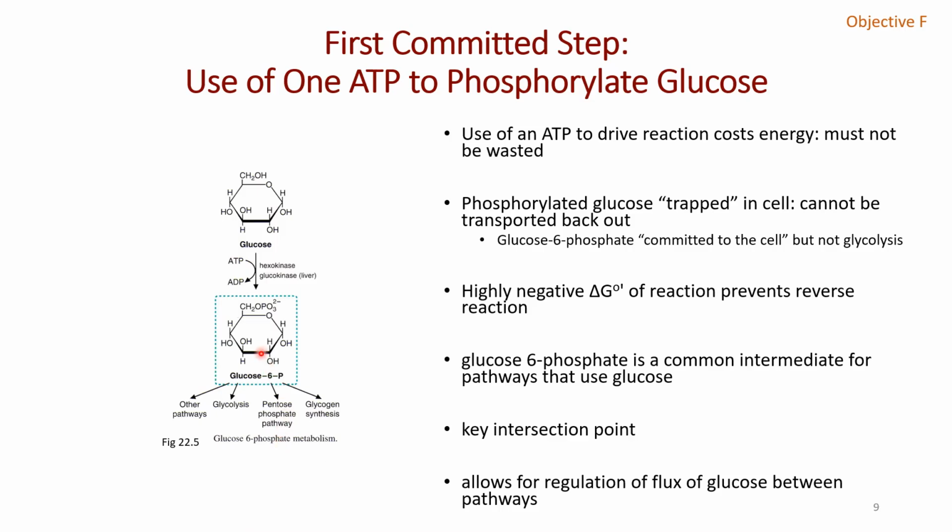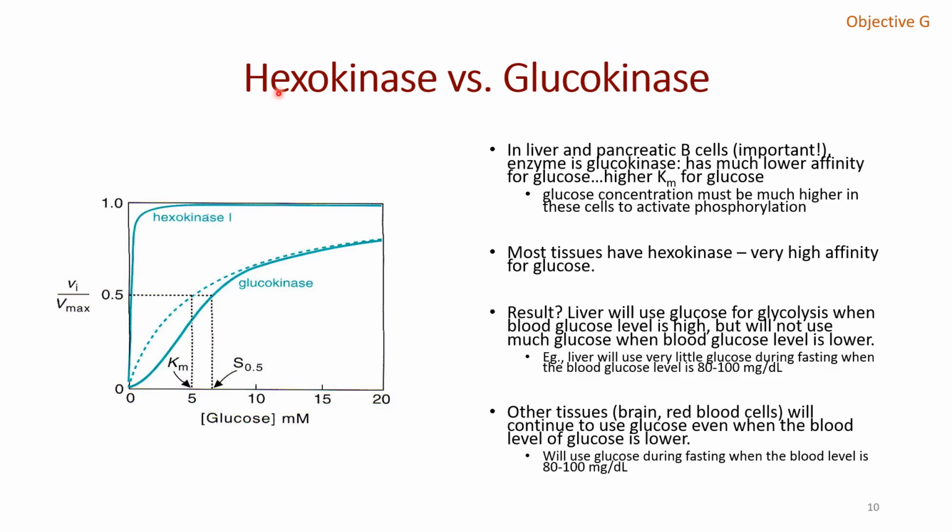You can use this glucose 6-phosphate for glycogen synthesis, and there are other pathways like involving glycoproteins and glycolipids and stuff where you can use this. So it's kind of a common intermediate that you have, and the cell can make a decision based on what it needs. Here's a comparison of hexokinase and glucokinase, and I think we've seen this 3 times now at least, so we don't have to really go through this a whole lot.